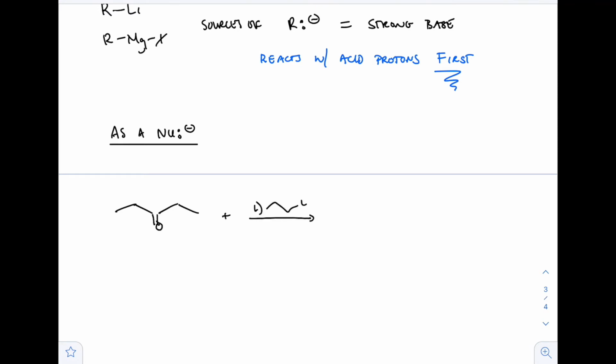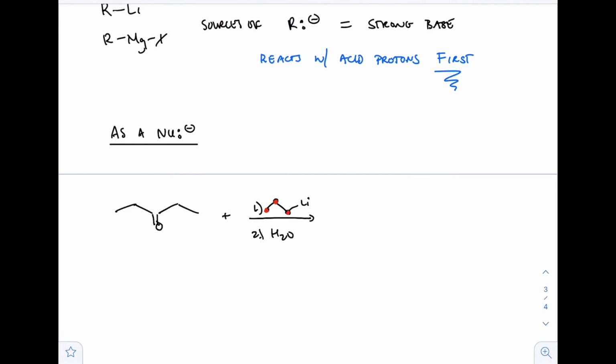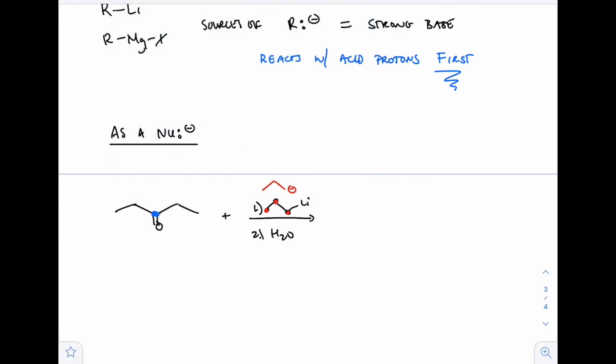So these guys react with carbonyl compounds. That's the topic of this chapter, right? Shocker. So the propyl lithium, make sure you're labeling the number of carbons for these organometallic compounds, because oftentimes you lose carbons, and I don't want you to get it wrong just for that. That's silly.